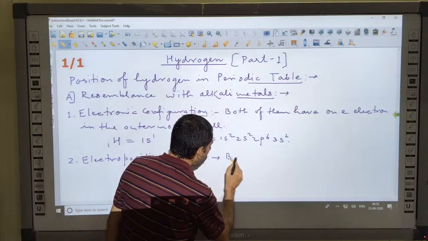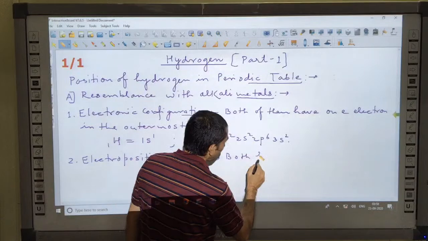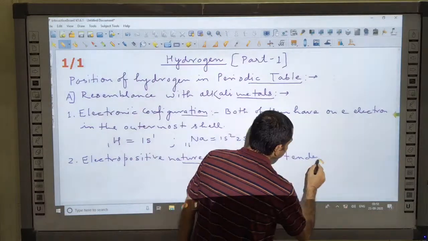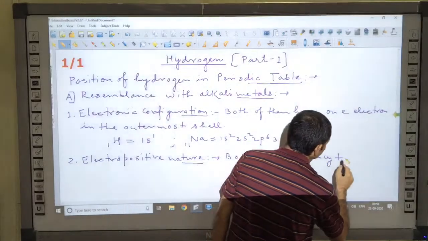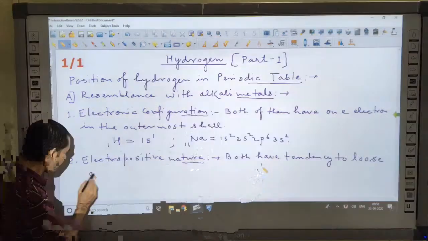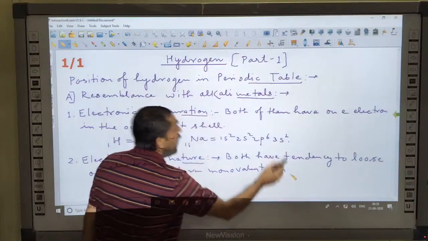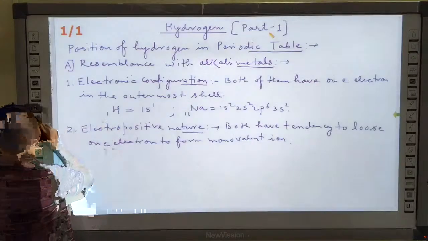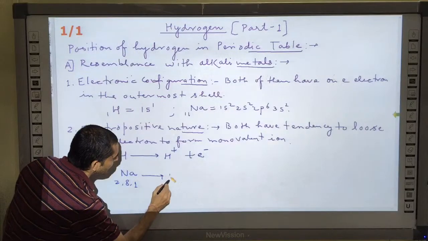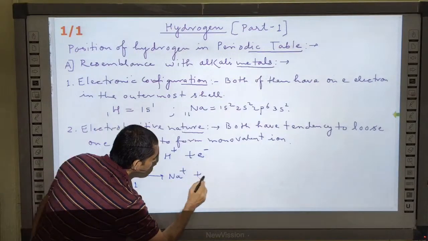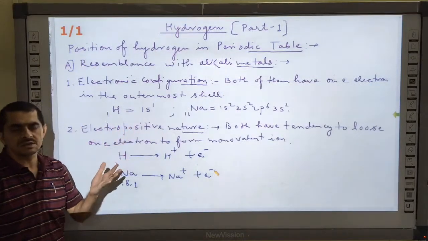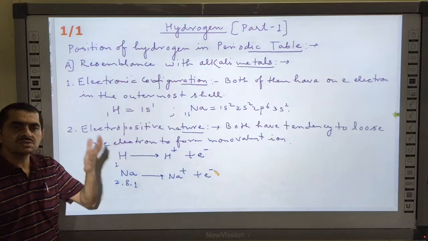Both hydrogen as well as alkali metal have the tendency to lose one electron and form an ion. Hydrogen loses one electron, and an alkali metal will also lose one electron to form a positive ion. Both have the same tendency to lose one electron.